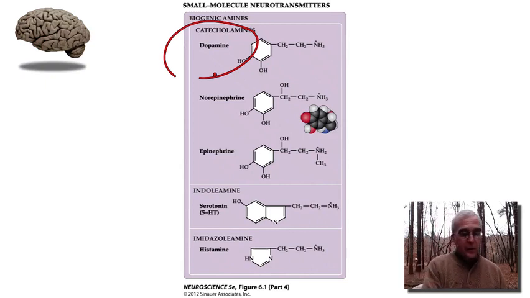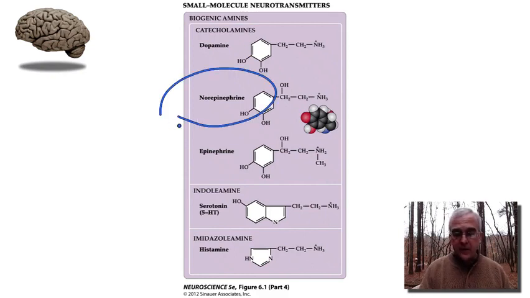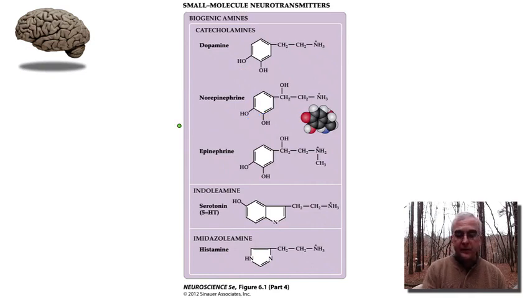Likewise, norepinephrine is also very important in cognitive functioning. It seems to be part of what it means to pay attention, is to have a heightened release of norepinephrine, along with other molecules such as acetylcholine. Another important small molecule transmitter among the biogenic amines is serotonin.